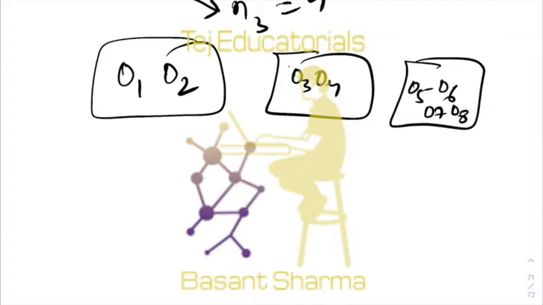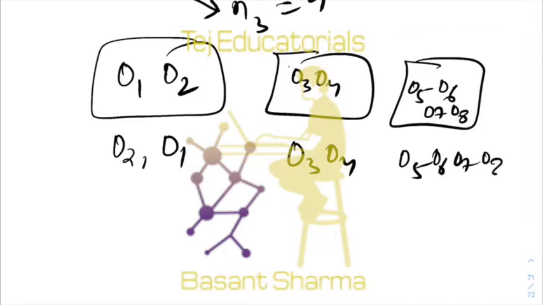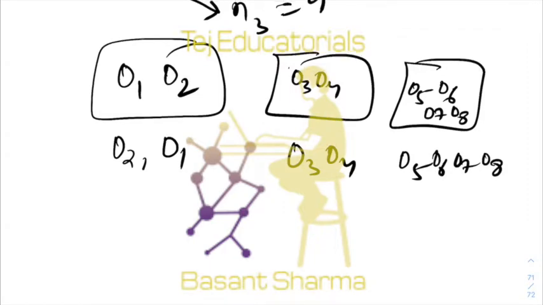Now, if you think about it, O2, O1, O3, O4, O5, O6, O7, O8 is nothing but intra permutation within the groups, and so on.